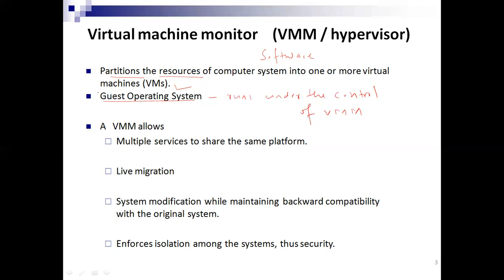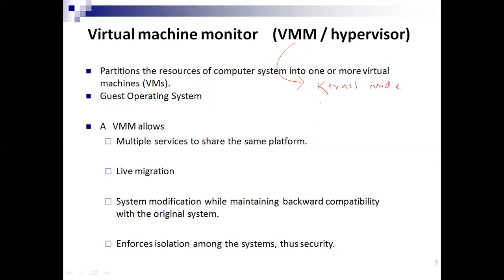The virtual machine monitor runs in kernel mode, where we have seen two kinds of modes: one is kernel mode, another one is user mode.